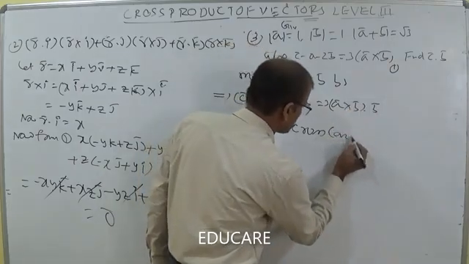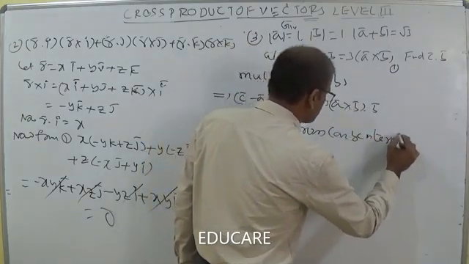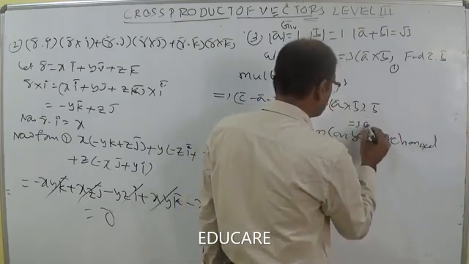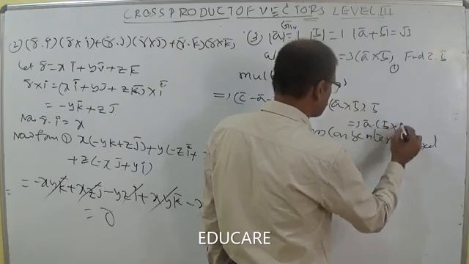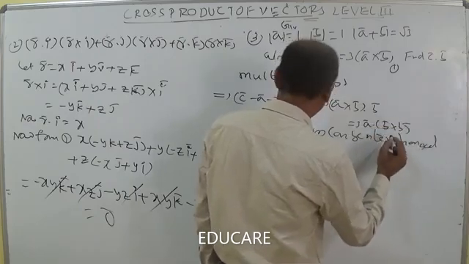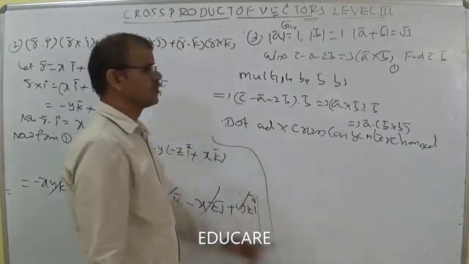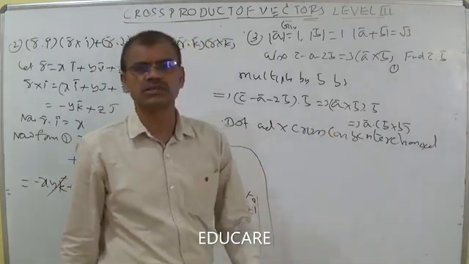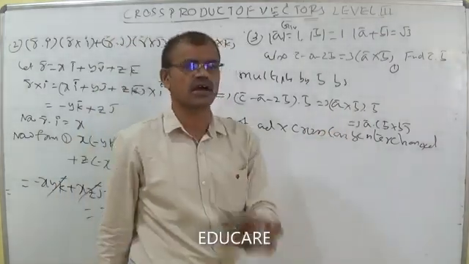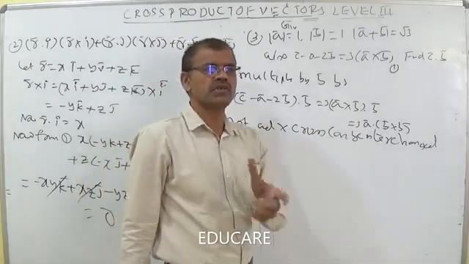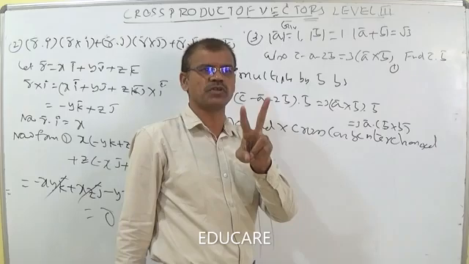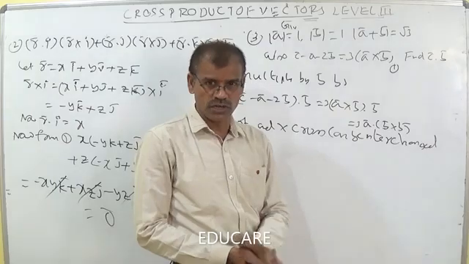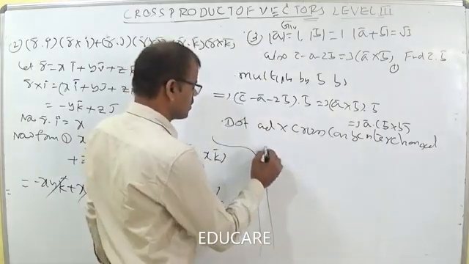So you can write here 3 into a bar dot b cross b. Whenever we know that b cross b equal to 0, it becomes 0. Two b's, two a's, two c's like that, whether it is dot or cross, it is called a box. In the box, if two are the same, then it becomes 0. No need to worry whether it is dot or cross. Simply you can write 0.